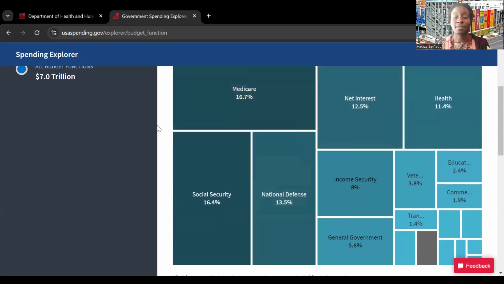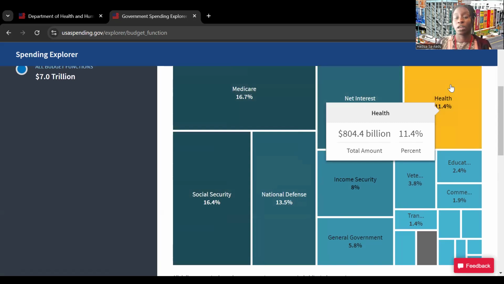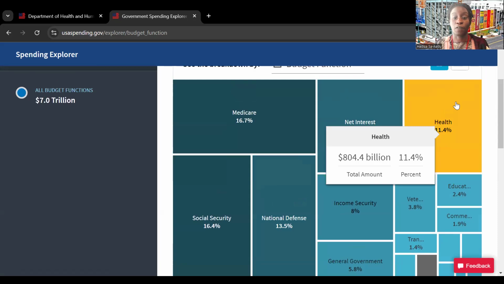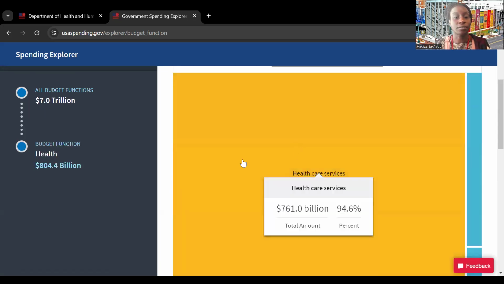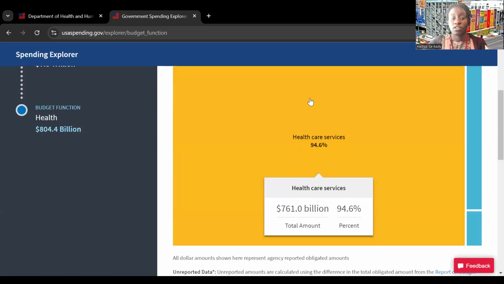So let's take a look at health, which is allocated at 11.4% of the total budget at $804.4 billion. Let's look at how this drills down.